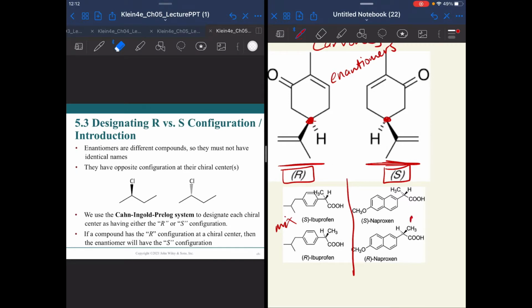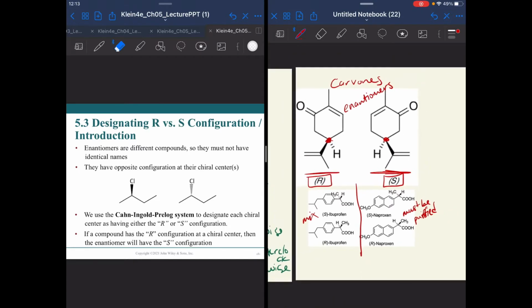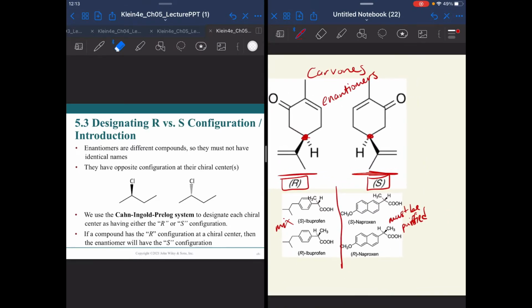But naproxen must be purified because one of the enantiomers is an analgesic and provides pain relief, and the other one is toxic to your kidneys. And so it's really important that we understand this stereochemistry difference because it can have a pretty big effect on its biological activity.